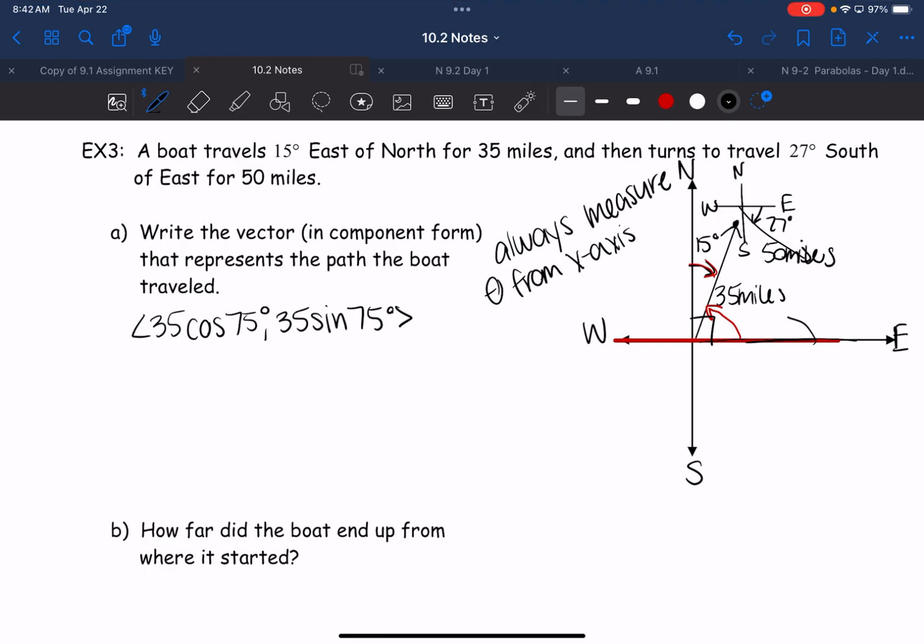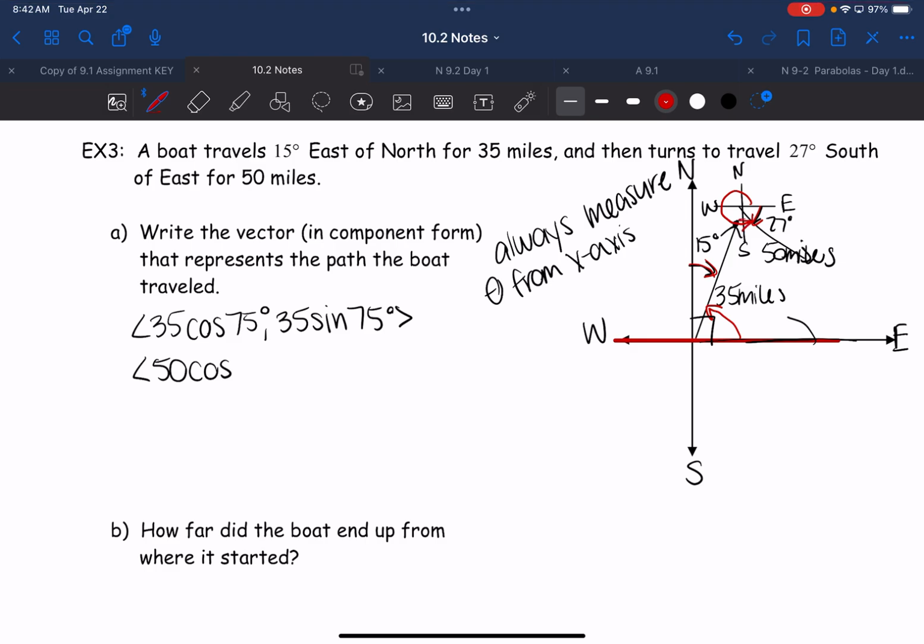All right, and then I need to do the same for the second vector, because I'm going to put them together to see where I ended up. This time we traveled 50 miles, so it'll be 50 cosine of, I'm going to look up here, for that 27 degrees, I kind of went backwards from the x-axis. So if I'm going to measure how many degrees that actually is, I'm going to start on my x-axis and travel in the positive direction to get to that vector.